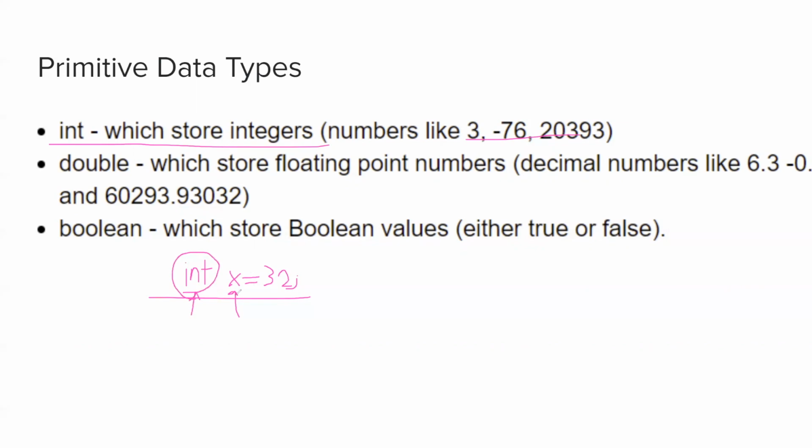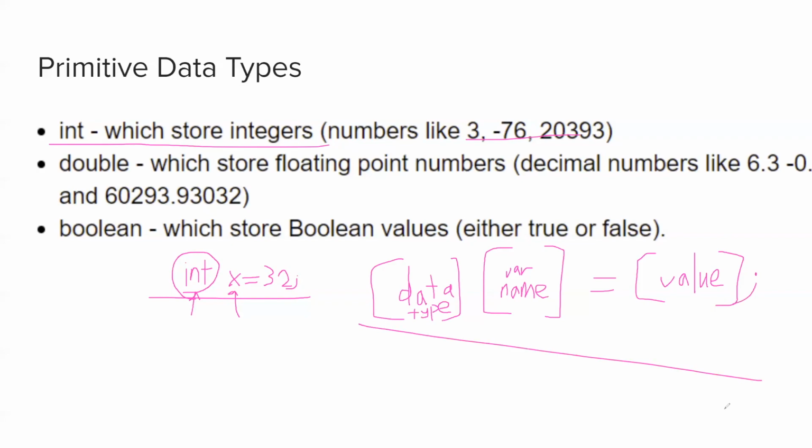And then you put equals 32. So the format is data type. You'll get reminded again. So data type, and data type is like integer, double, boolean. Your variable name, with a space in between, equals your value.